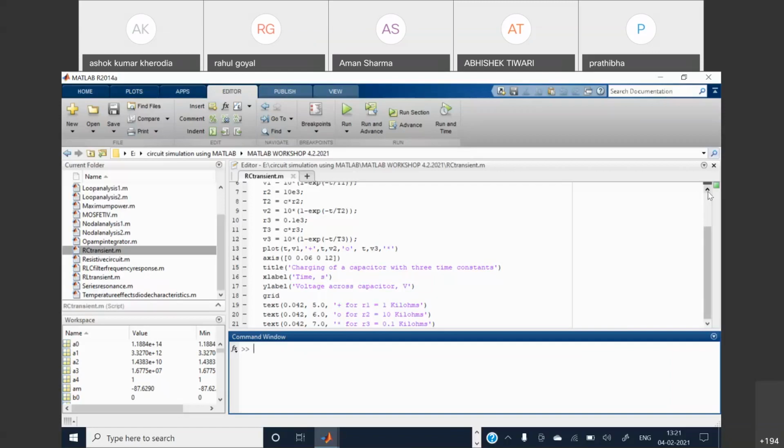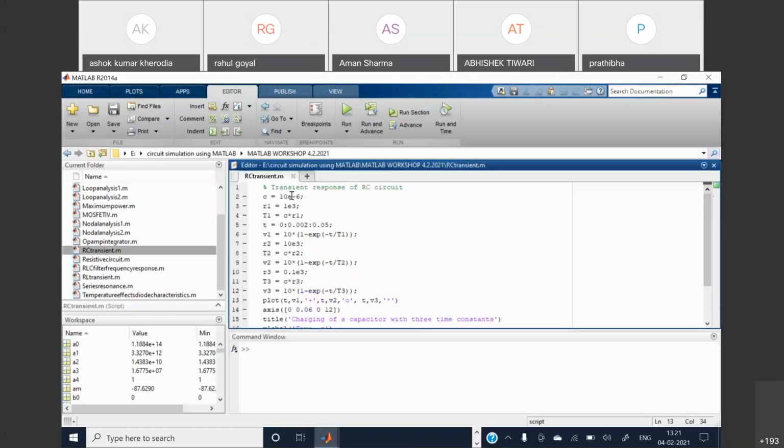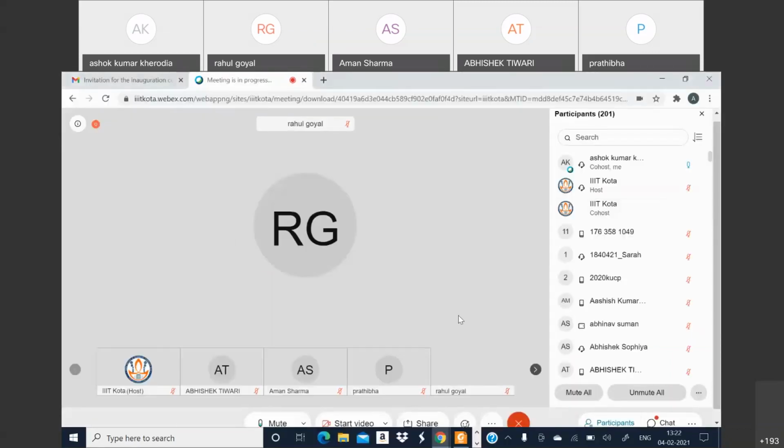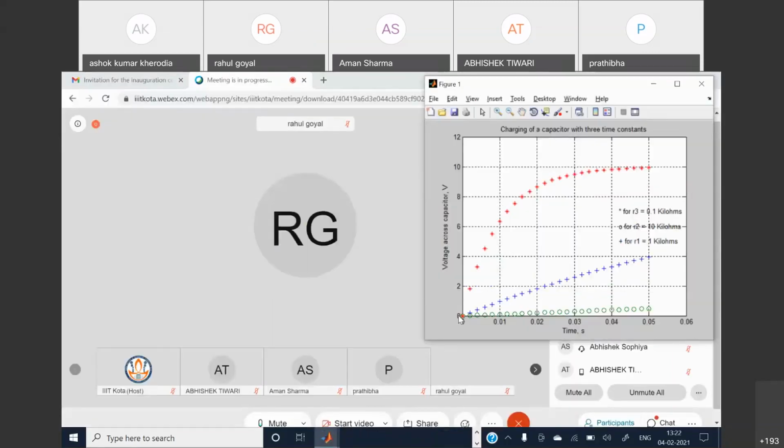If you want to plot for different values, say you want to change the value of C to 100 microfarad, see, the graph has changed. For different values of C, you can plot this RC charging curve.